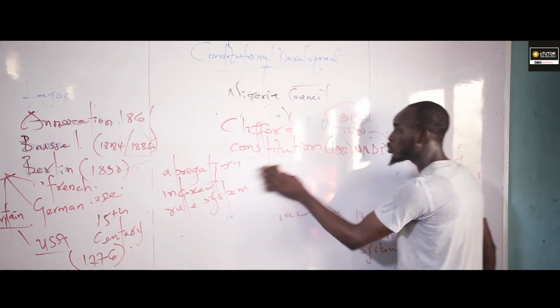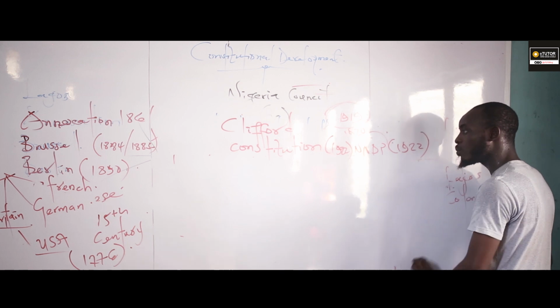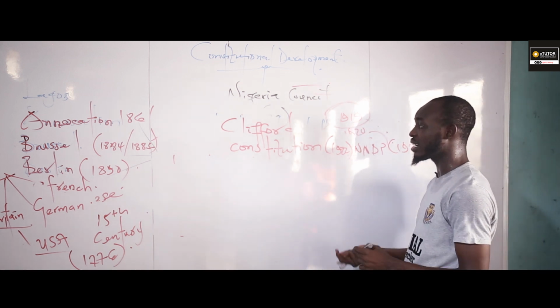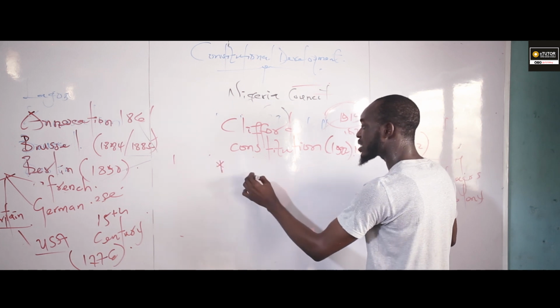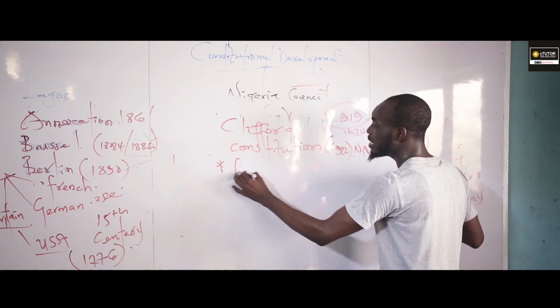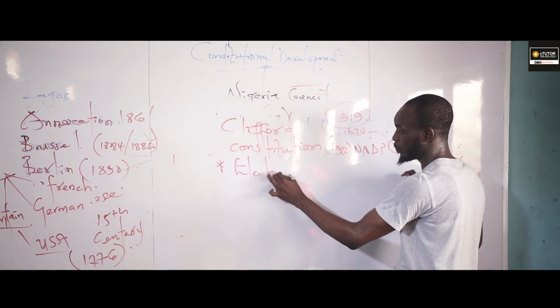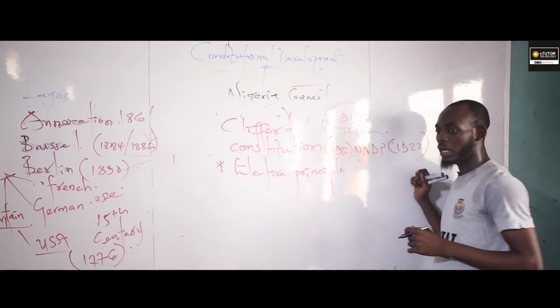So the Clifford Constitution existed in 1922. Let's now move to the essential characteristics of the Clifford Constitution. Number one, the first and most important characteristic is the elective principle. Now listen.